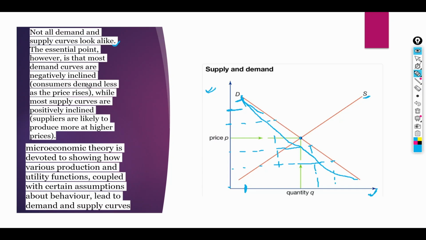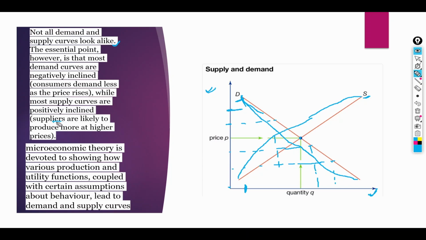Most of the demand curves are negatively inclined. What does it emphasize? Consumers demand less as the price rises, or consumers demand more if the price decreases, while most of the supply curves are positively inclined. Here is the supply curve, positively inclined like this. Suppliers are likely to produce more at a higher price.